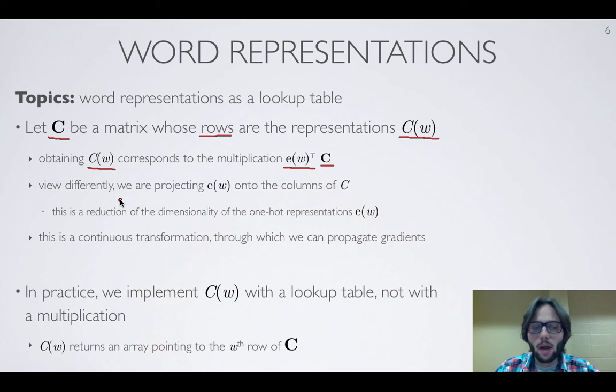And so another way of viewing this operation of taking a word ID and providing a word representation, a vector, is that we're actually taking the original one-hot encoding representation of the word and we're projecting it on the columns of C. In other words, we're actually doing some sort of dimensionality reduction, reducing the dimensionality of the original one-hot representation of the words into a lower dimensional space, which is going to be such that we're less likely to overfit, for instance.